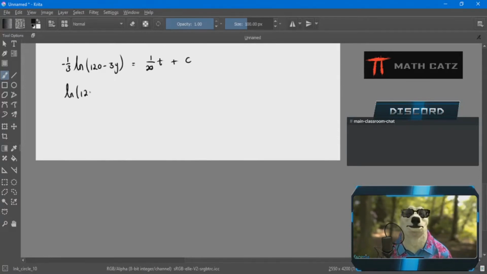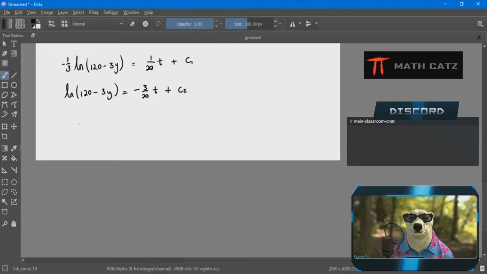Now I will just get that negative 1/3 away by multiplying throughout by negative 3. So I'll get negative 3 over 20 t plus, I'm going to number this constant C1 and then just update the constant. I know it's not the same constant, but it's still a constant. And for convenience, we really don't have to worry about what that constant looks like.